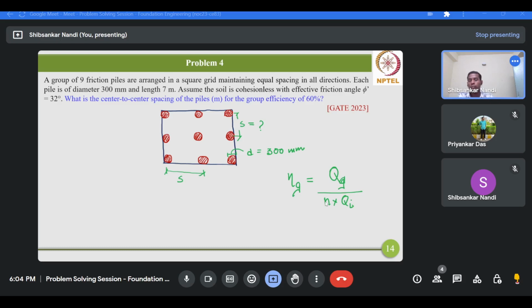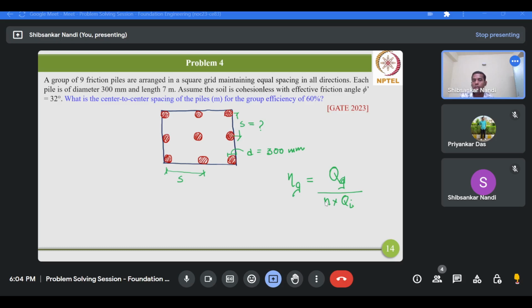That time you will have a somewhat different group efficiency compared to when it is behaving in a block-wise fashion. We'll see the calculation of group capacity in the subsequent problem, how to calculate the load carrying capacity of a pile group in clay.